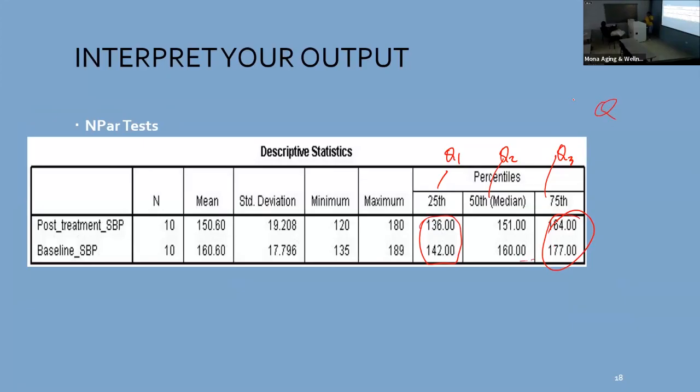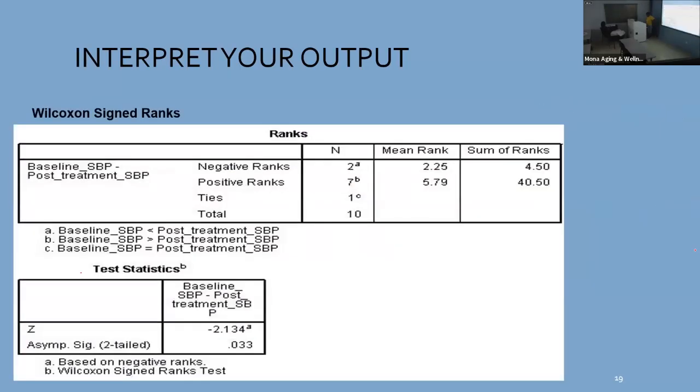So Q3 minus Q1, for this one, it's 164 minus 136. And this one, baseline, 177 minus 142. Good? Yes, ma'am. All right. Good.